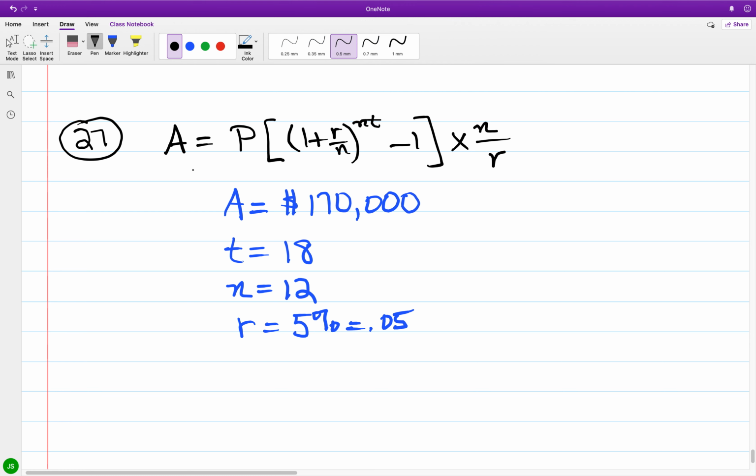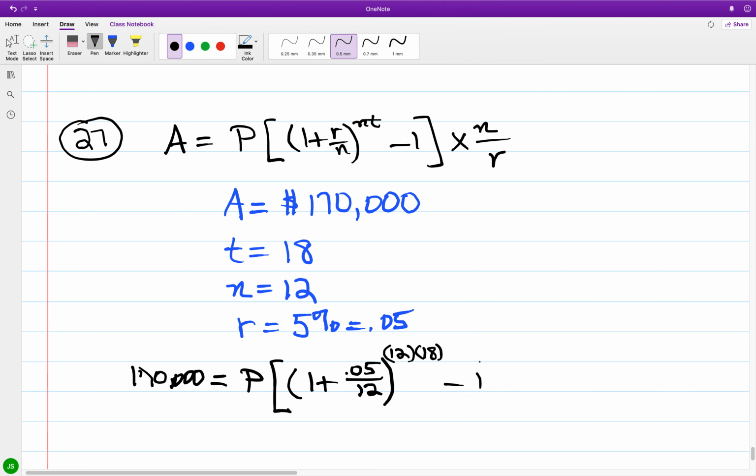Taking what we have with the numbers, the future value A, 170,000, is equal to P times the quantity 1 plus R over N, so 0.05 over 12, to the 12 times 18, minus 1, and we have times N over R, so N is 12 and R is 0.05.